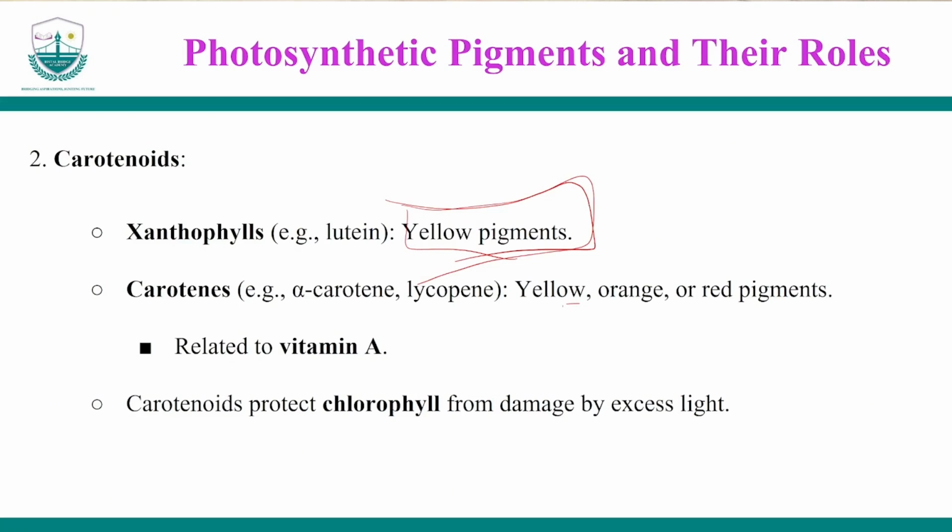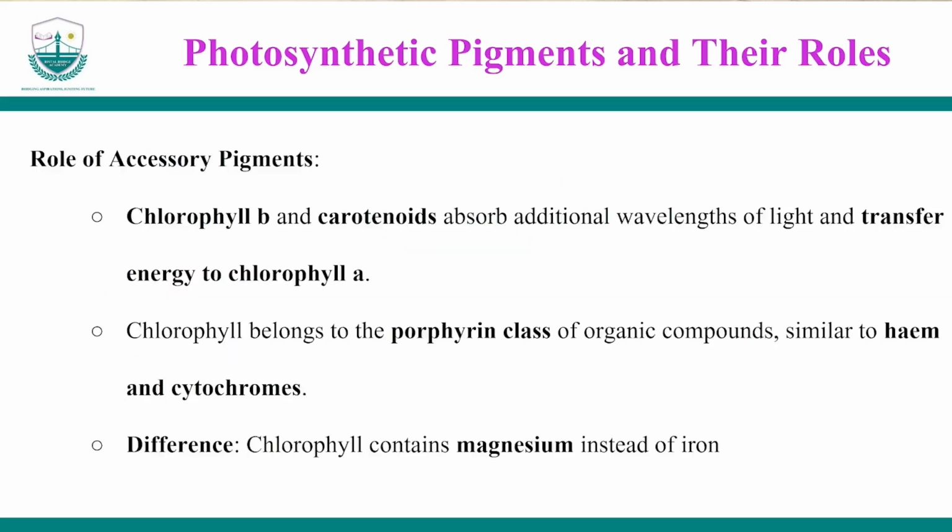Very common in carrots, which are very good sources of vitamin A, and vitamin A is very, very good for vision. So carotenoids play an important role in protecting chlorophyll from damage by excessive light.